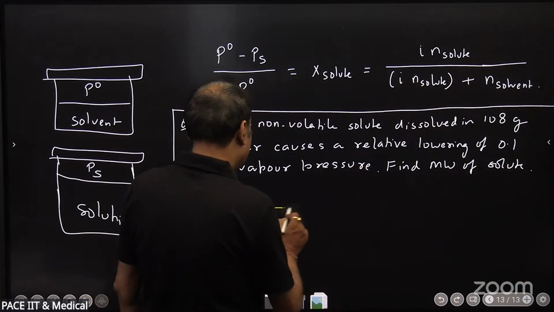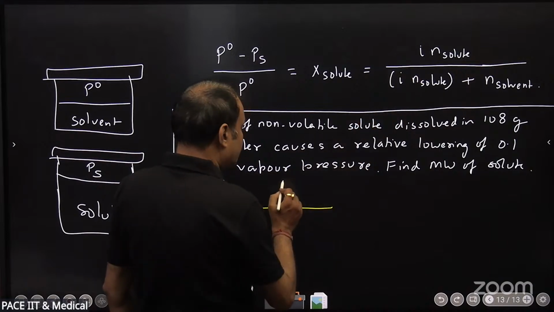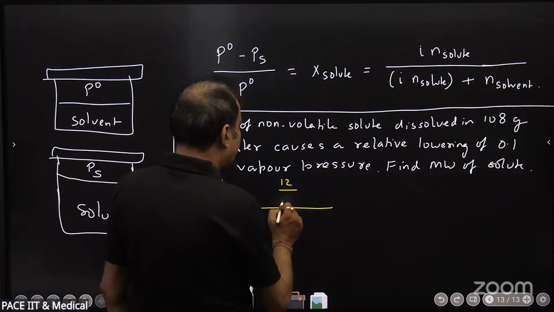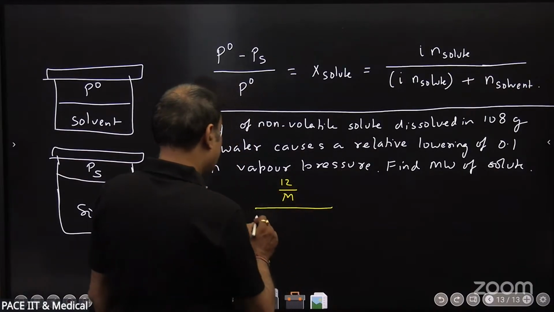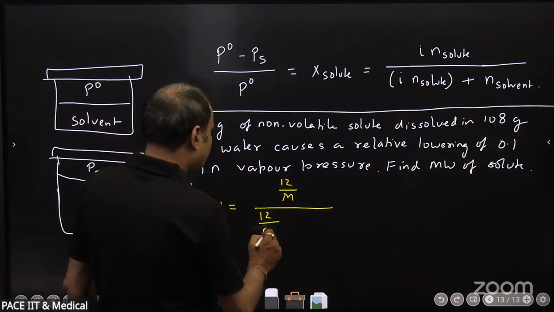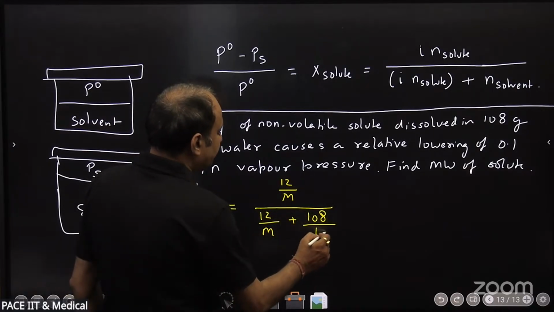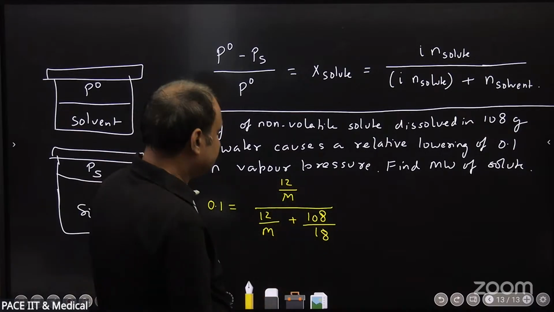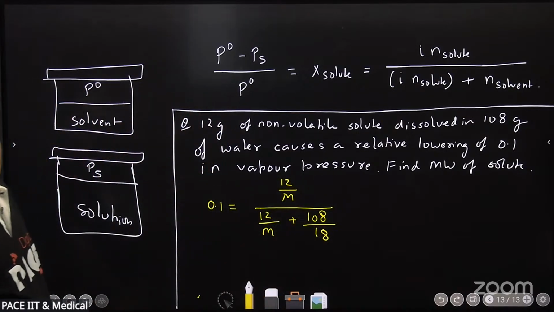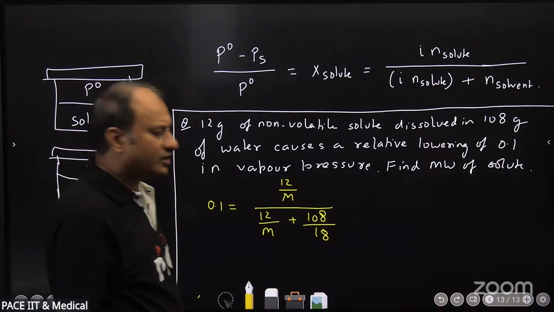So this formula will become moles of solute, 12 by molar mass, let's say M, upon 12 by M plus 108 by 18. Correct? Let's take a reciprocal on both sides.